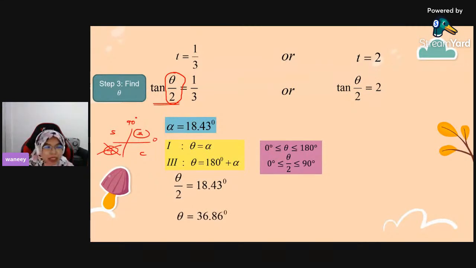Okay, so now making theta the subject, of course I have to multiply by 2. So theta will be equal to 36.86 degrees. Now on the right hand side, again you have to find the basic angle. So alpha will be equal to 63.43. This is positive, so again by ASTC it is either in the first or the third quadrant.